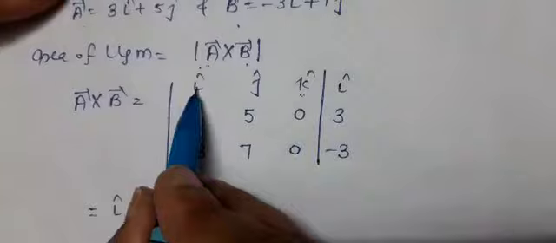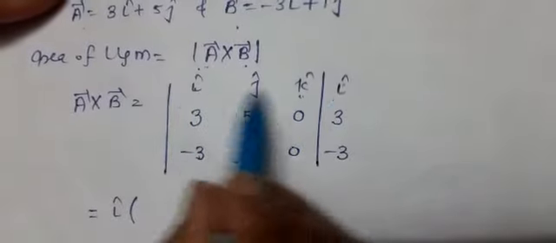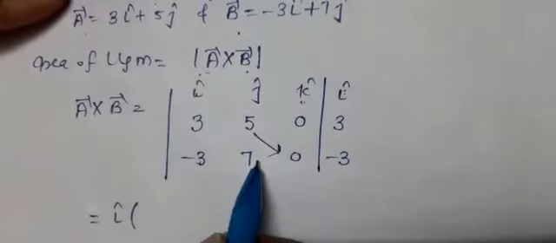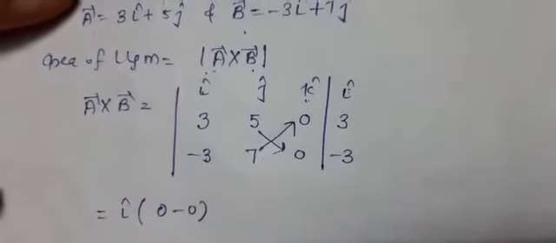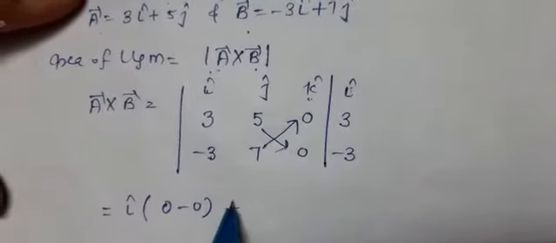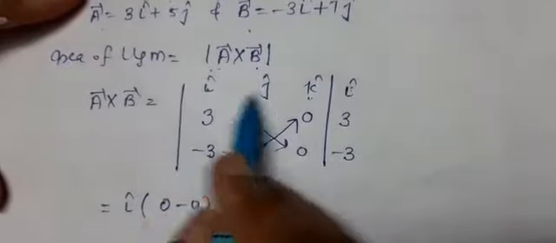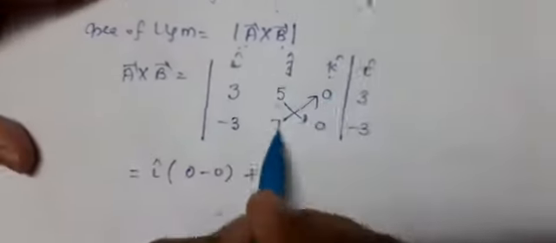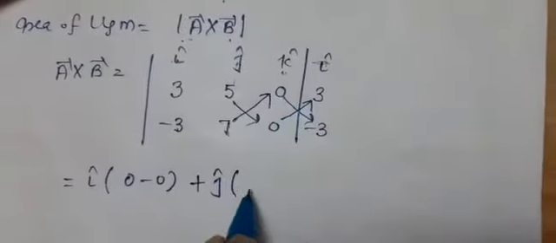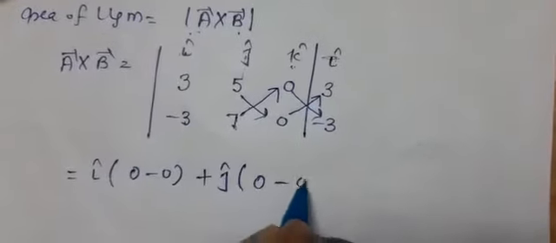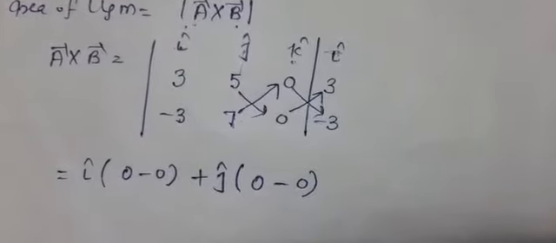Now I am solving the i coefficient. When you take 5 into 0 and 7 into 0, it is 0 minus 0. Likewise, for the j coordinate, it will be 0 into -3, then 0, and -0 into 3, again 0.